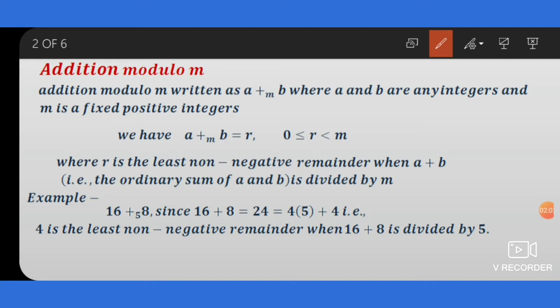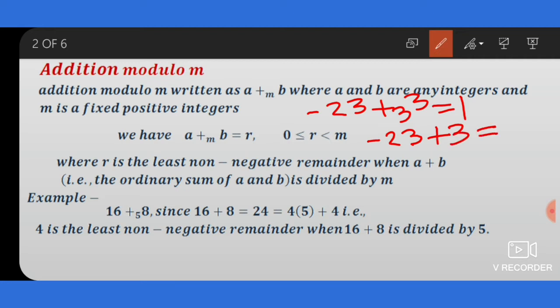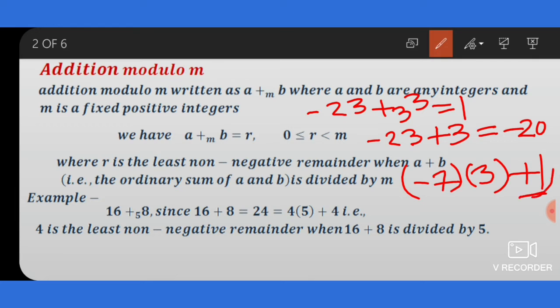Similarly, another example: minus 23 plus modulo 3, 3 equals 1, since minus 23 plus 3 equals minus 20, which can be written as minus 7 multiplied by 3 plus 1, so 1 is the least non-negative remainder.